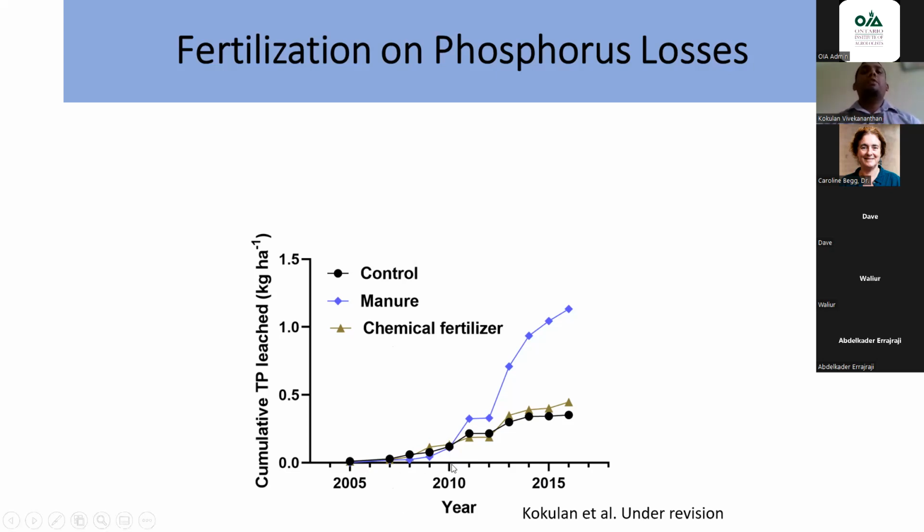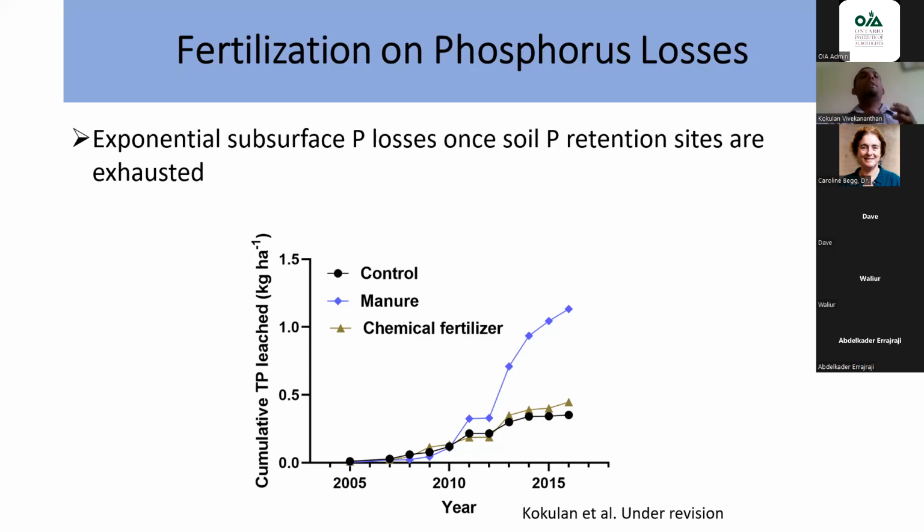In the first 5 or 6 years, there were no significant differences in the leached total phosphorus amount between the manure and the chemical fertilizer. But after that, we could see an exponential increase in the amount of total phosphorus leaching from the swine manure treatment. So we suspect that this exponential subsurface phosphorus loss from the manure treatment happened once soil phosphorus retention sites were exhausted.